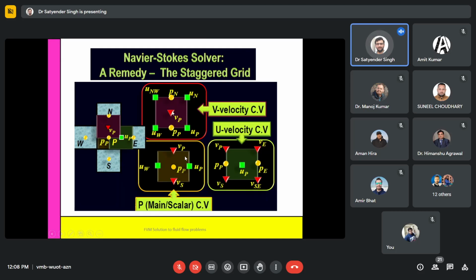And similarly for v, we need to get the value of u velocity, as its advection term involves the u variable. So we will be getting updates for the v velocity from these coordinates, where pressure is represented in del p by del y in the vertical direction.